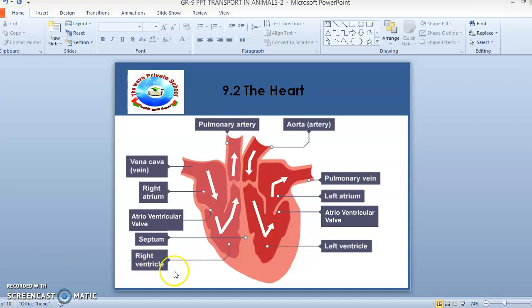When we compare the ventricles and the atria, the function of the ventricles is quite different from the function of the atria.